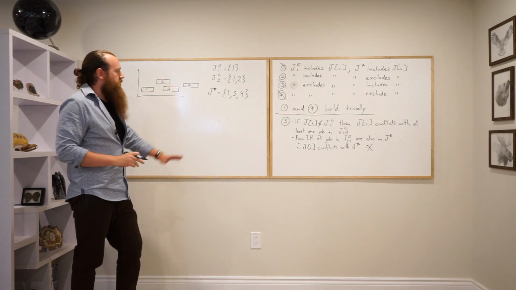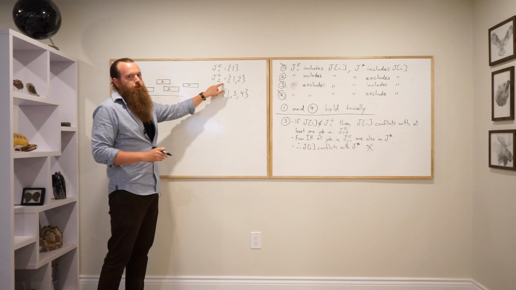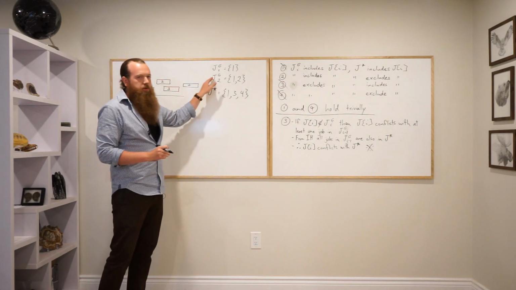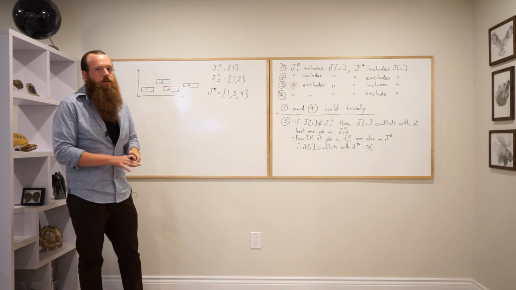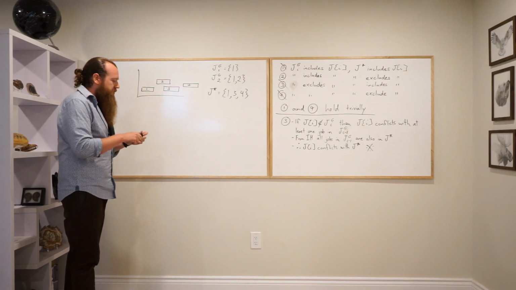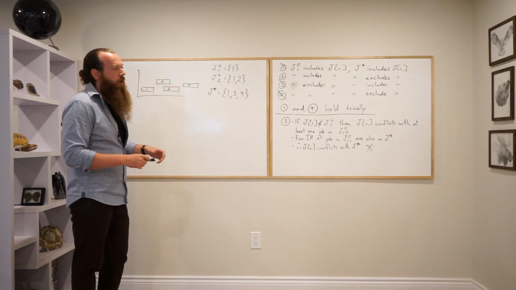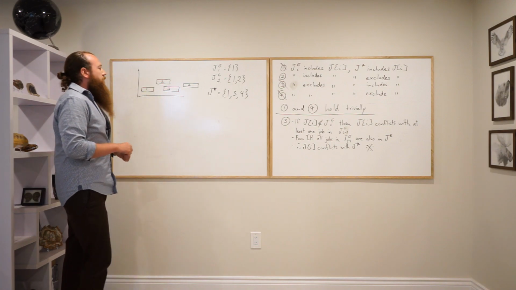And there's no contradiction. This is an optimal solution. This is the greedy solution after 2 choices. But J star doesn't agree with it. It's an optimal solution and it's not agreeing with it. Well, again, that's not a fundamental issue because we're not saying all optimal solutions have to agree with it. There just exists an optimal solution which agrees with it, which there does. You should be able to work that out.